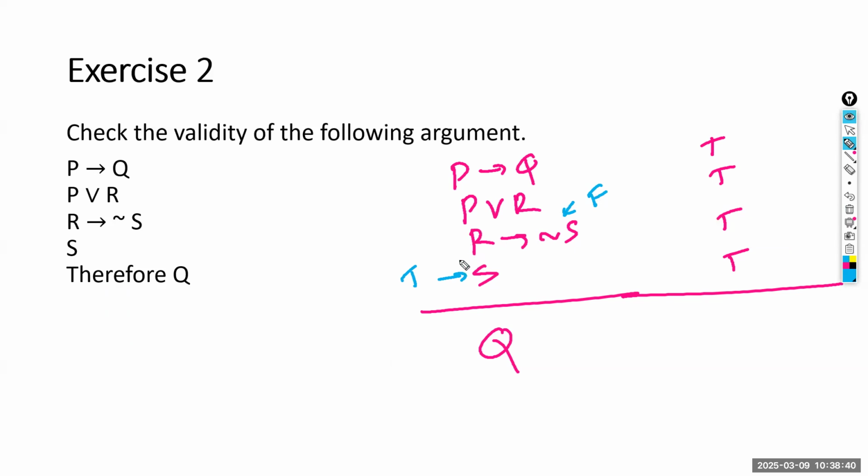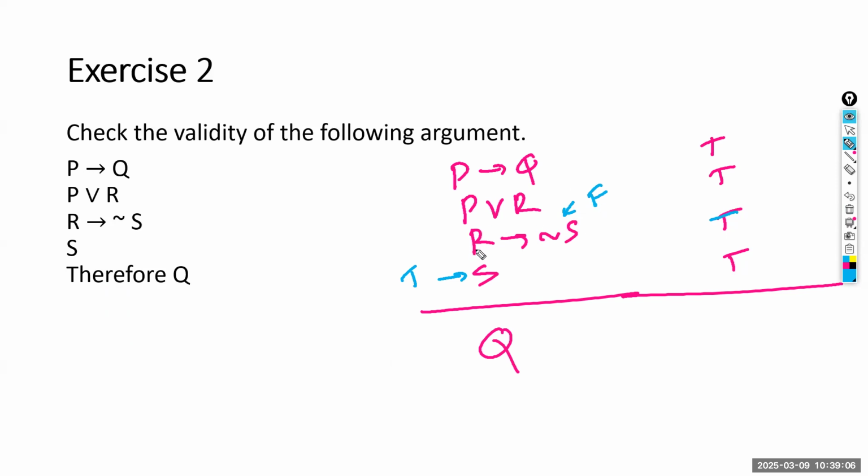There are three possible answers: always true, always false, can be true or false. Is it always false? Yes. Because this is false, this statement is true. So how can this statement be true when this is already false?